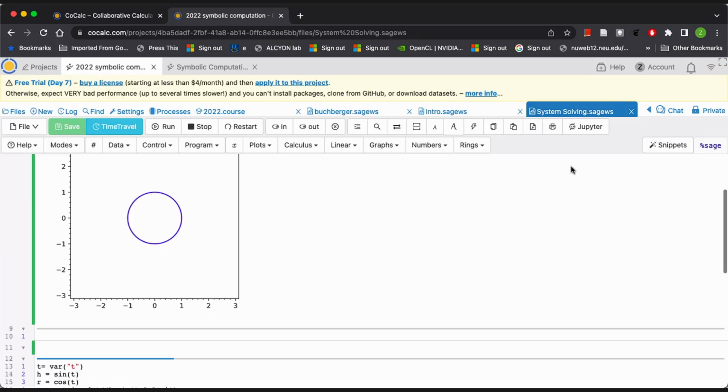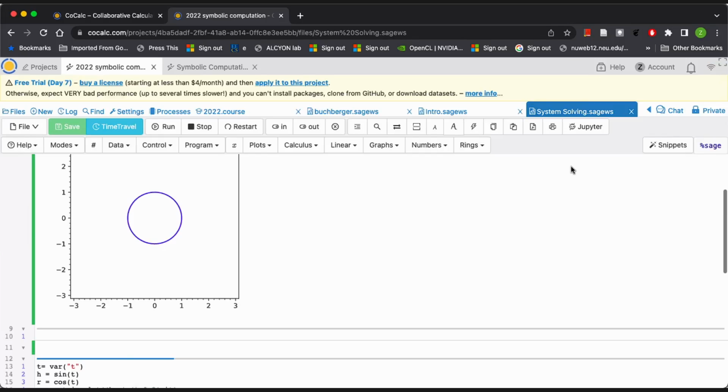So we can always have parametric and implicit. Every curve has both forms. The difference is that one is one equation with two variables, and the other is two equations with one parameter, because every curve can be described by one parameter.